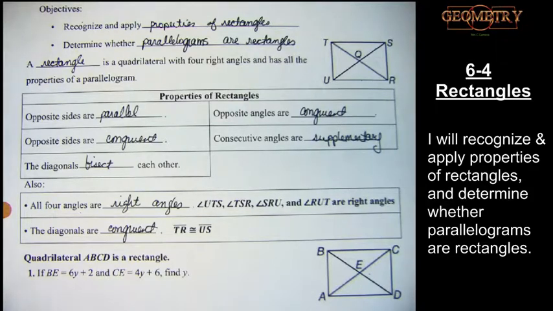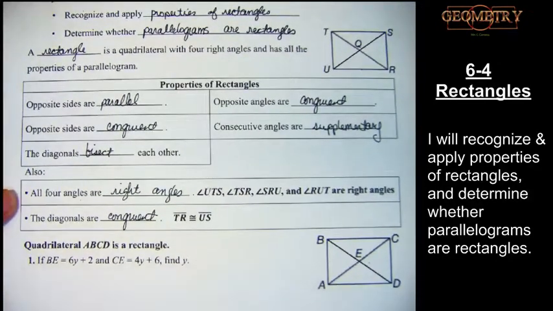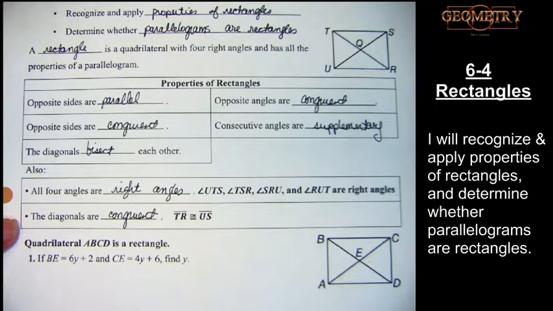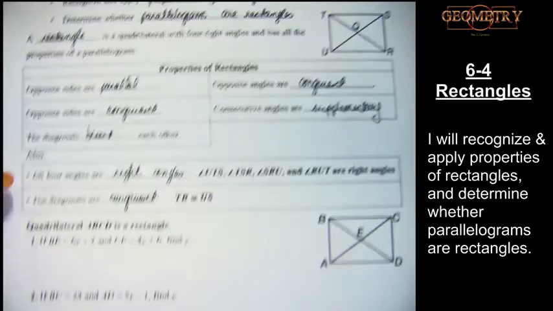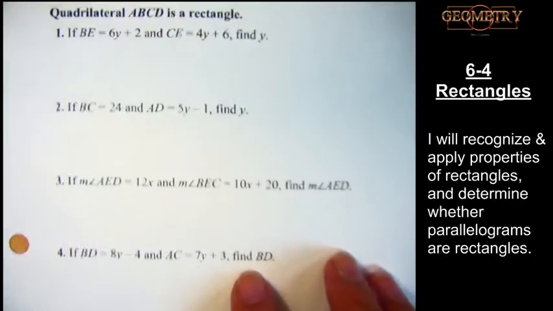The diagonals also cut each other in half. Rectangles have all of those properties and these two others: all of the angles are right angles, and not only do the diagonals bisect each other, but they're congruent.